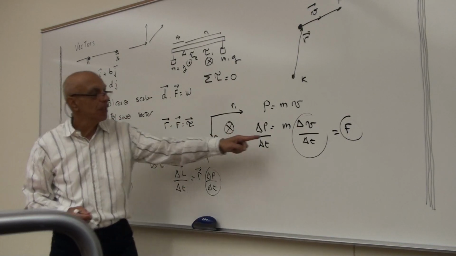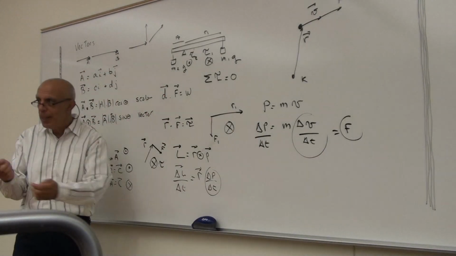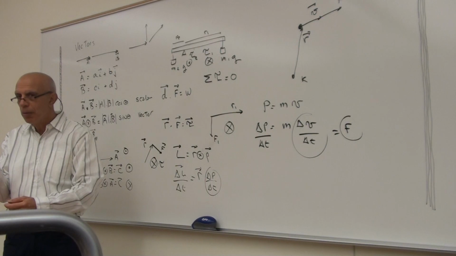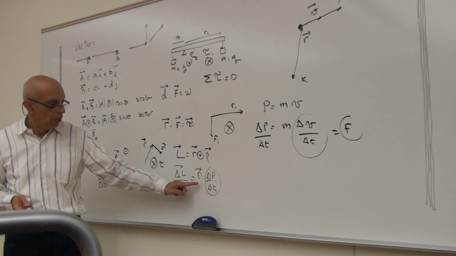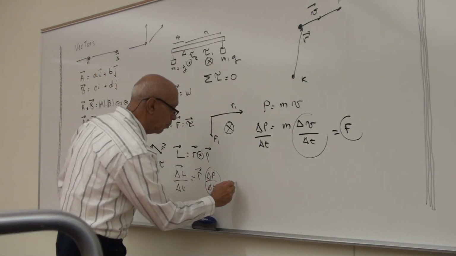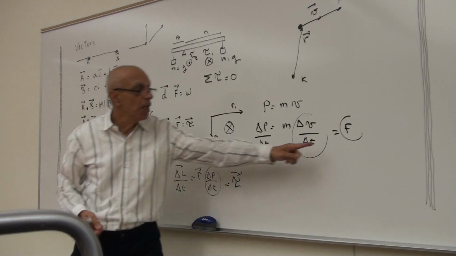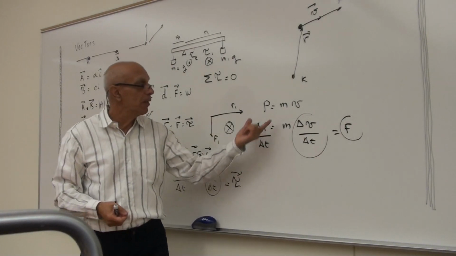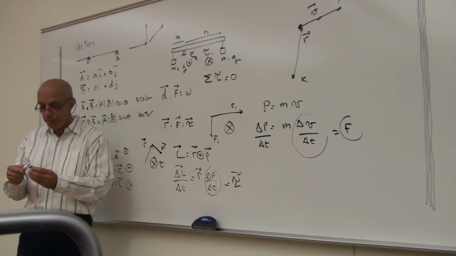We know this is force, so now in order to change the angular momentum, I need to apply R times force, a torque. So the torque is the analogy here: for linear momentum, we had the force. For angular momentum, we need to apply the torque.